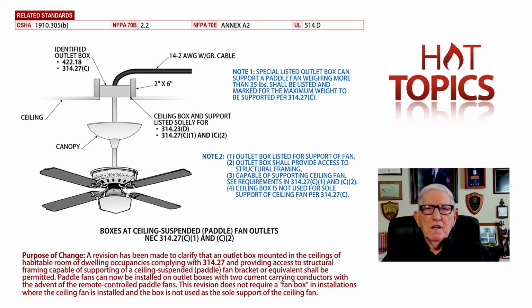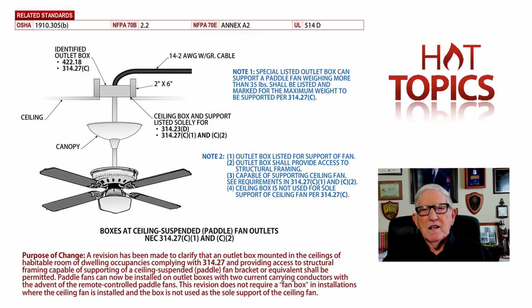Now, notice in the illustration that in OSHA 1910.305(B), we pick up some requirements for ceiling fans. NFPA 70B 2.2 refers you to Chapter 7 and the NEC for the installation of such a box and outlet. And then, of course, 70E would pick up the frequency checks, maintenance checks, and things like that where necessary.